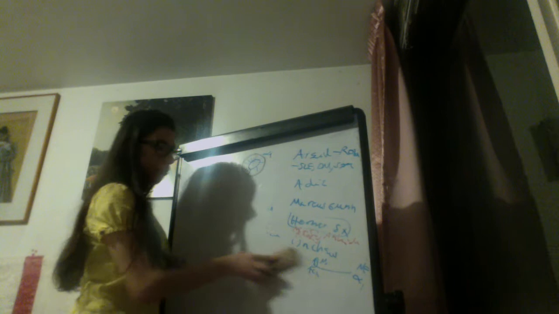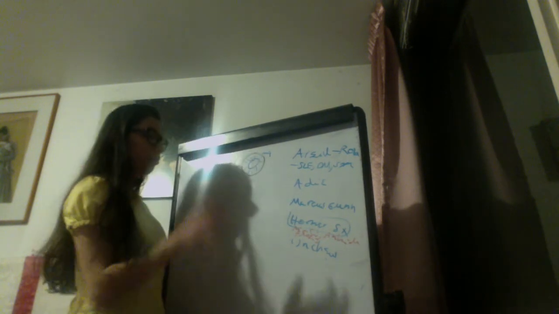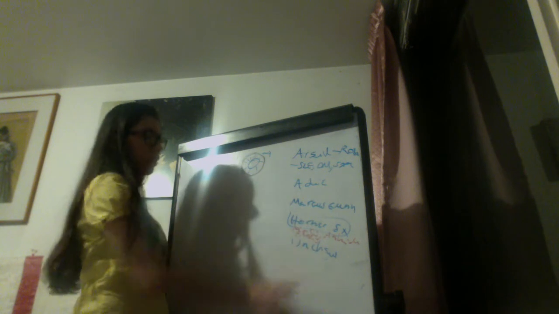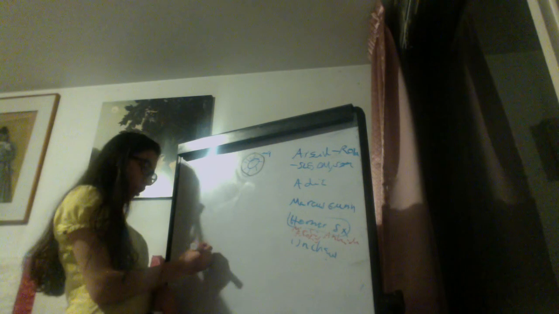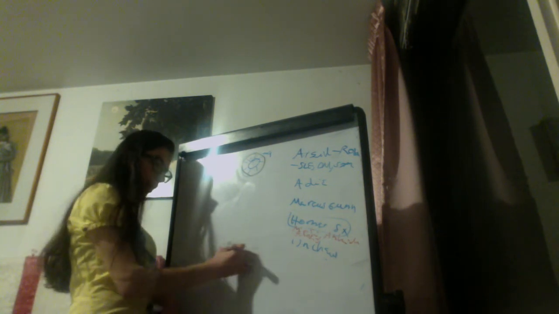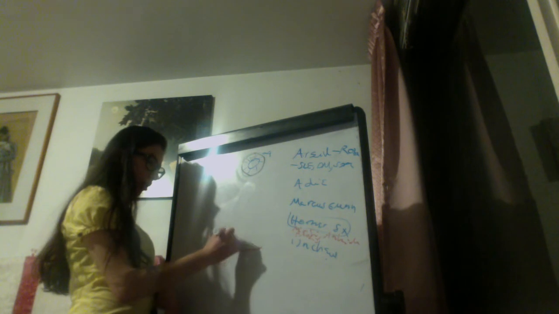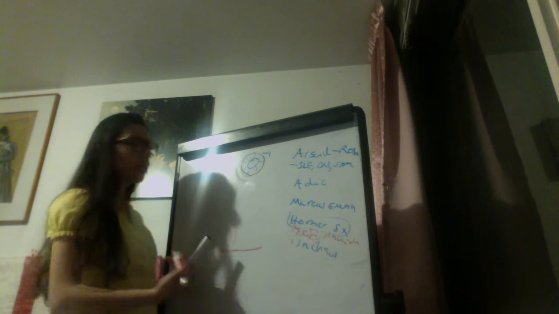Now let's see the parasympathetic innervation of the eye, and we will see with that all these pupils. So we begin with the Edinger-Westphal nucleus. The preganglionic neuron is the third cranial nerve, the peripheral fibers of the oculomotor nerve.